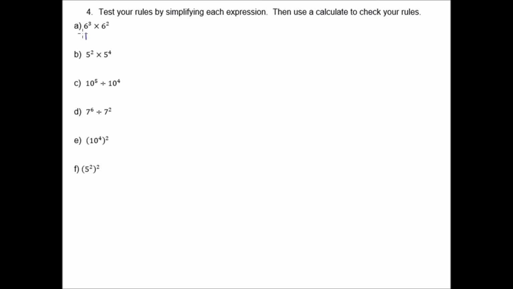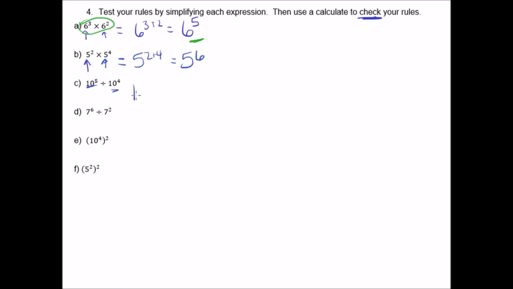So our rule was when we're multiplying the same base, we add the exponents. So 6 to the 3 plus 2, let's go 6 to the 5. Okay? And you can go ahead and check your rules by entering first this into your calculator and then this into your calculator, and ensuring that you come up with the same answer. Okay, same base, 5, and we're multiplying, so it's 2 plus 4. Okay, when we multiply, we actually add the exponents.